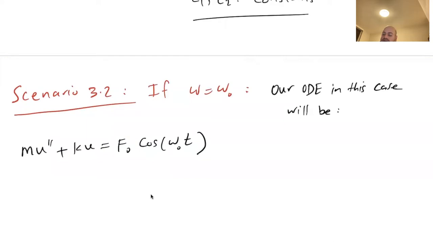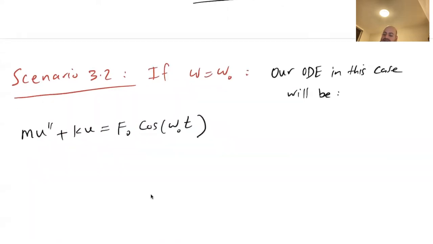Now, how can I modify my guess function?